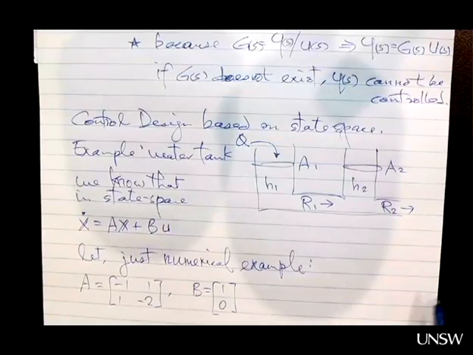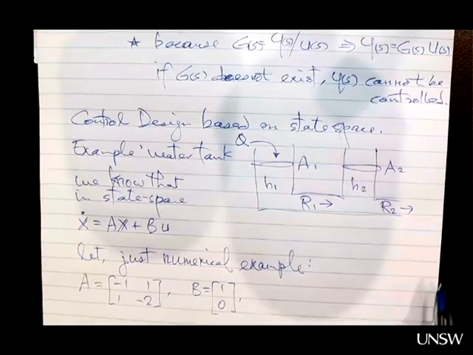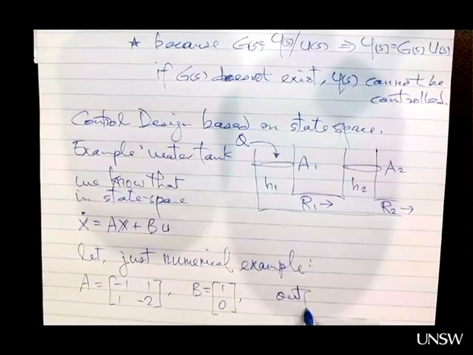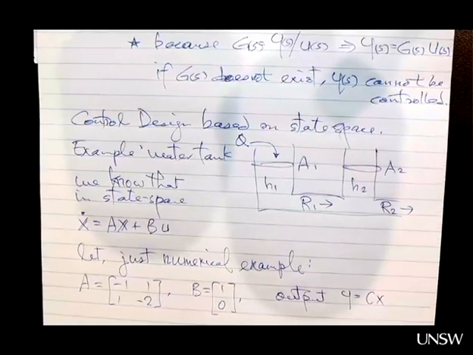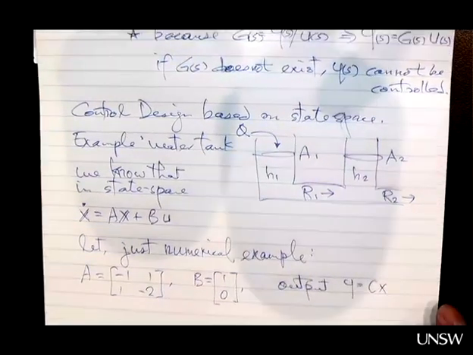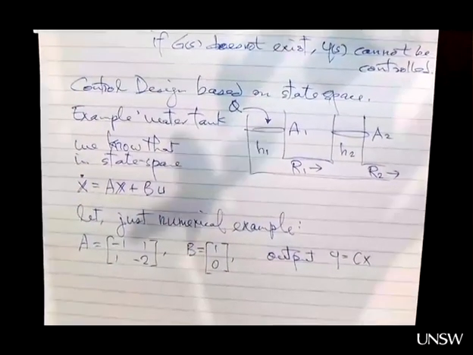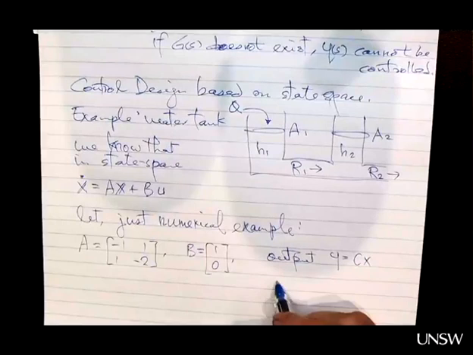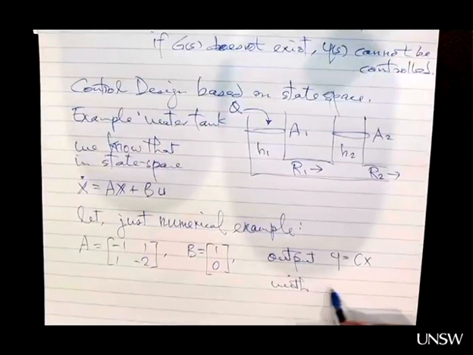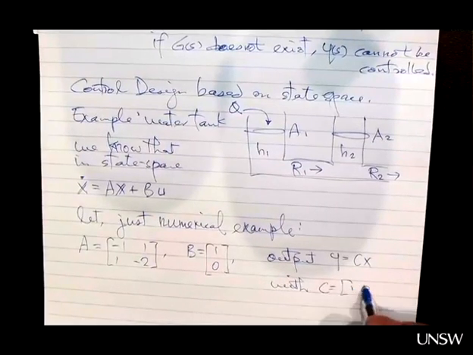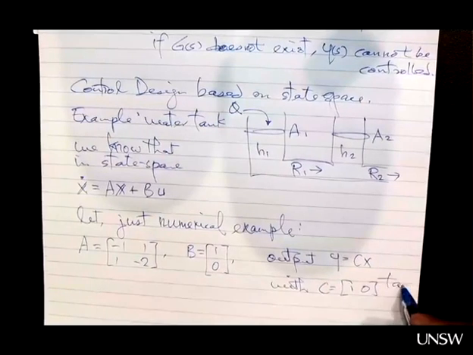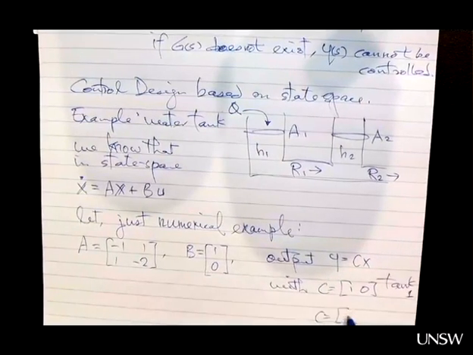And then the output y equals Cx, with C equals 1, 0 for tank 1, and C equals 0, 1 for tank 2.